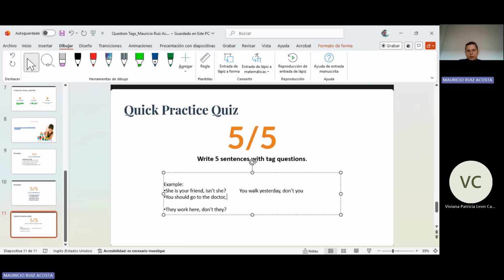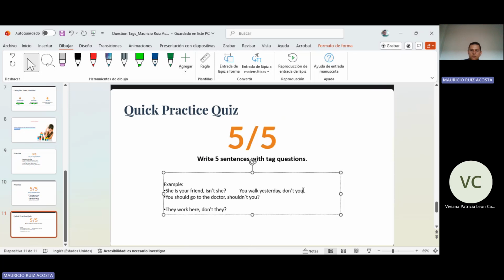In a positive way, you must put should in a negative way. Okay? Should, shouldn't you? Yeah. This is an easy way to form the tag question.